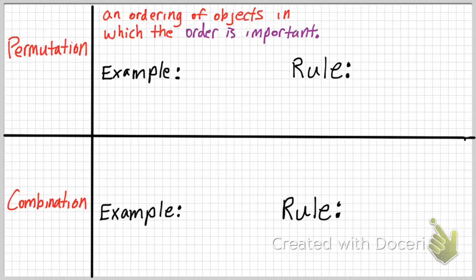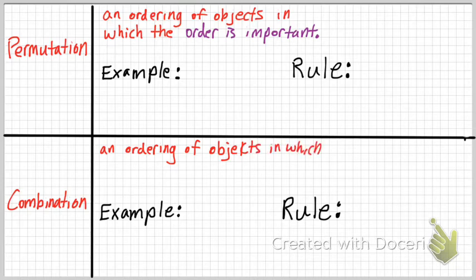And a combination is going to be an ordering of objects in which the order is not important.